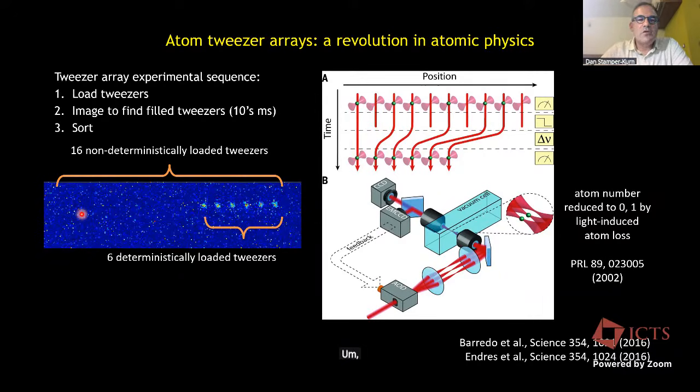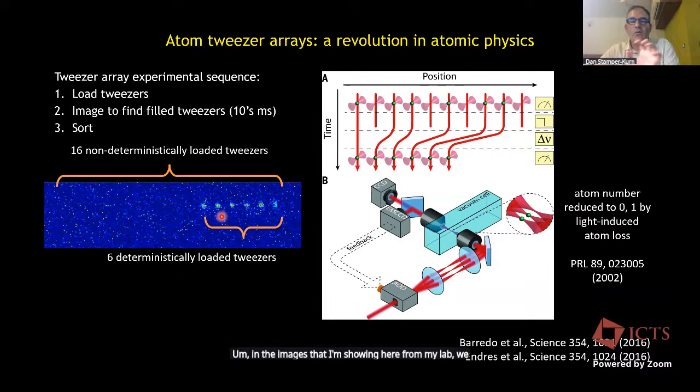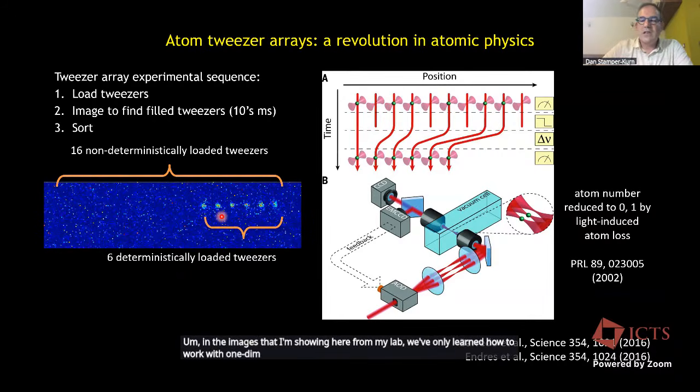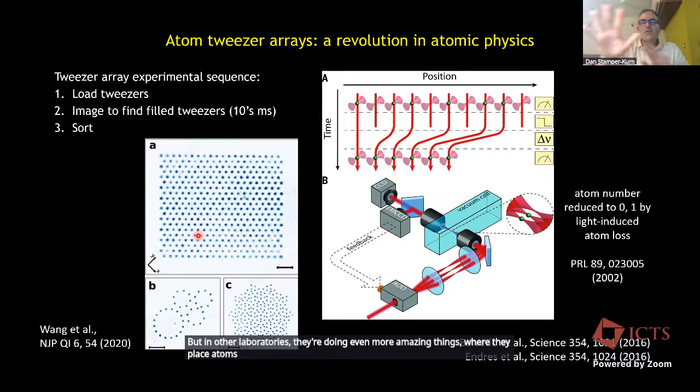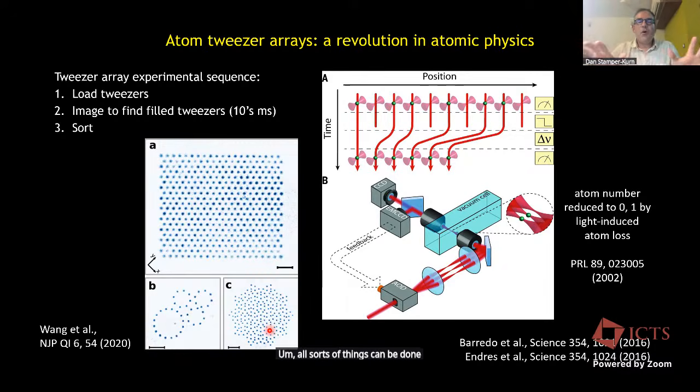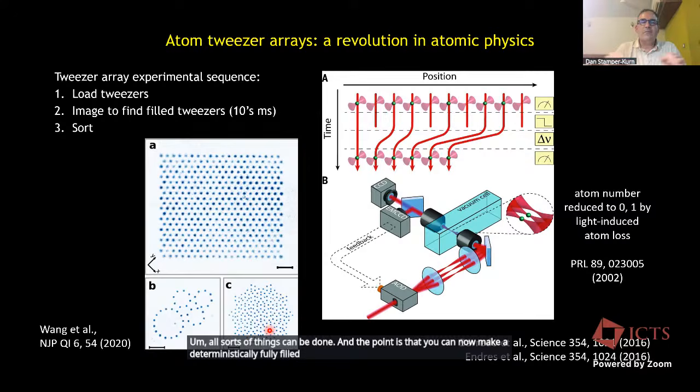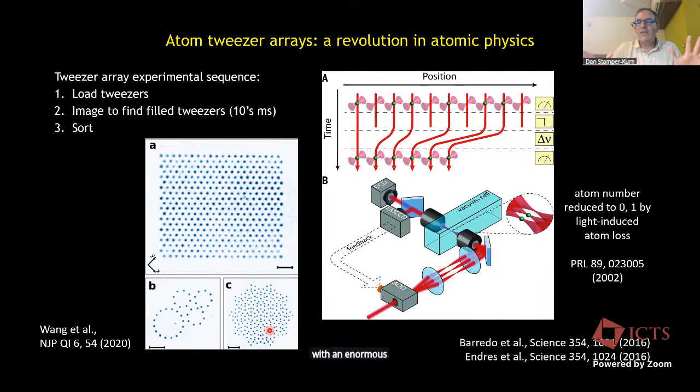In the images that I'm showing here from my lab, we've only learned how to work with one-dimensional tweezer arrays. But in other laboratories, they're doing even more amazing things, where they place atoms in all sorts of arrangements, sometimes periodic, sometimes quasi-periodic. All sorts of things can be done. And the point is that you can now make a deterministically fully filled array of atoms with an enormous degree of control.